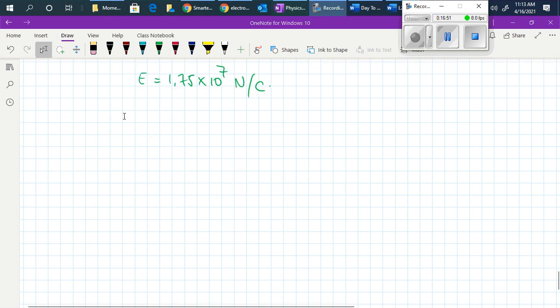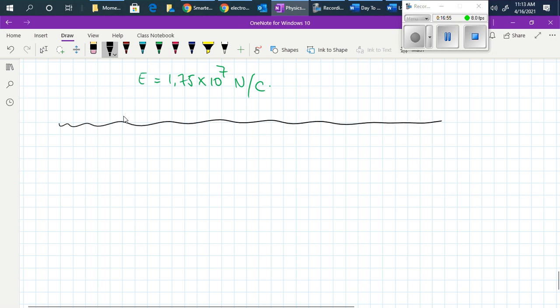Let's take a look now at a more complicated problem. So we know now what the velocity selector is. Now, a velocity selector has a magnetic field strength of 4.0 times 10 to the power of -2 Tesla, and a uniform magnetic field that is perpendicular to a magnetic field.